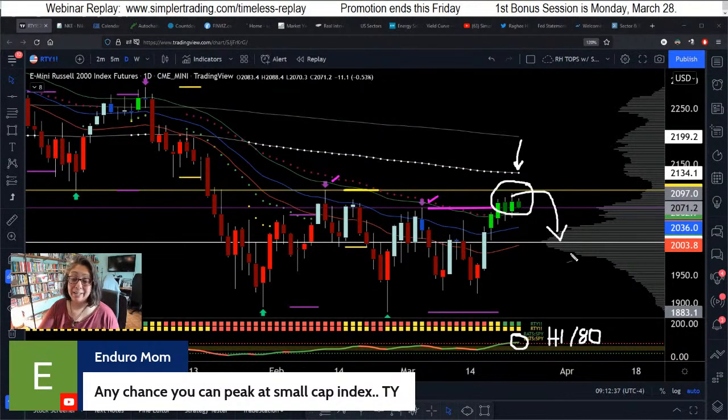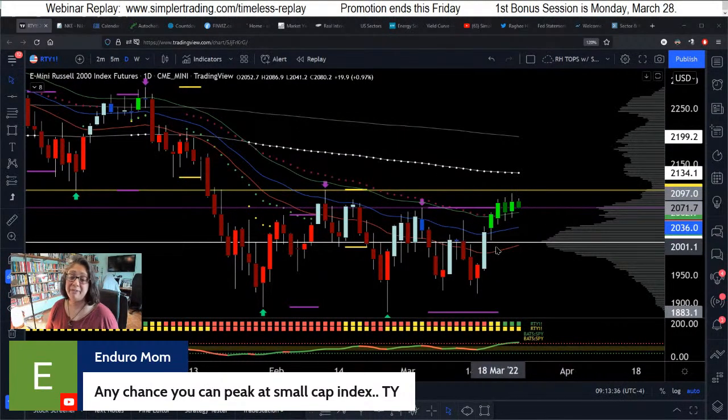Long IWM puts, short RTY, long RTY puts. I'm looking for small cap to just sink back down into the range. Maybe make a 50% move. Maybe hit this point of control right around 2010 as a target, and that's right there in the halfway mark.